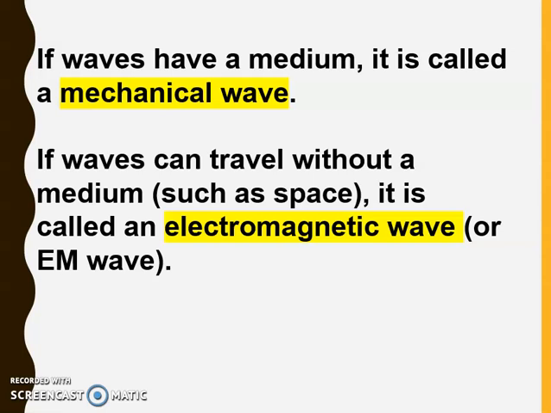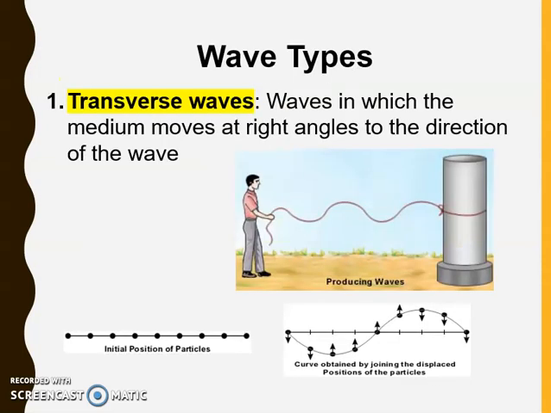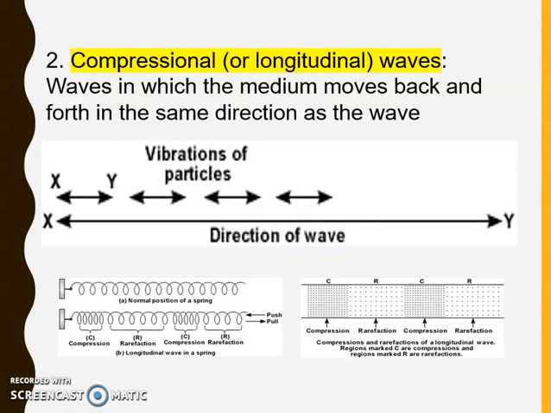So let's talk about these two different kinds of waves that we have. The first type is what we call transverse wave. And this is something that is going to move what we would consider up and down in the direction of the wave. So waves in the medium move at right angles to the direction of the wave. Compression waves, however, are going to be more of just that, compression.